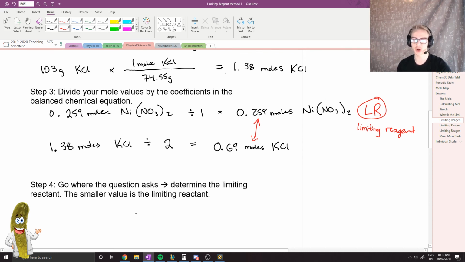We need to start with the limiting reagent because that's what's actually limiting the amount of product that we can produce. And then we need to go into grams or moles of whatever the question asks of us. So that's method 1 of how to find out what the limiting reagent is.